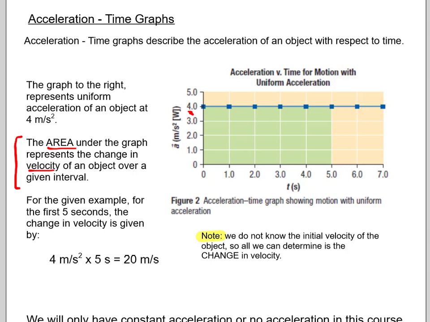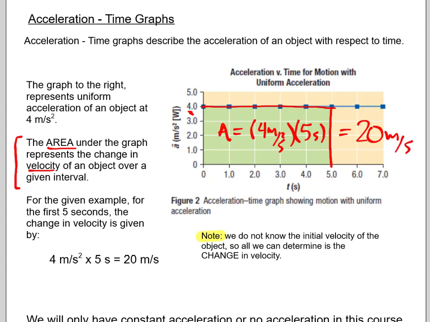If we were to look at the change in velocity for the first 5 seconds, we would find the area underneath this rectangle: 4 meters per second squared times 5 seconds, which gives me 20 meters per second. You'll notice that the area with the units included, when you multiply those values together, gives us a velocity.